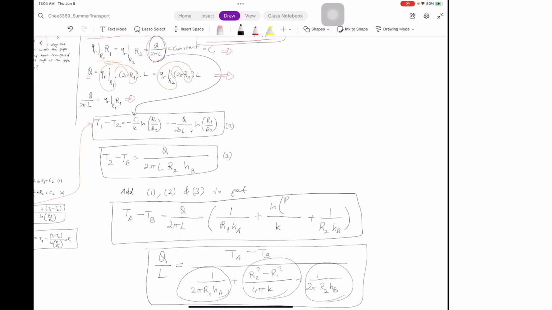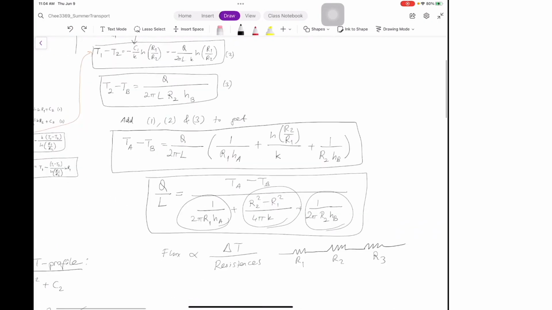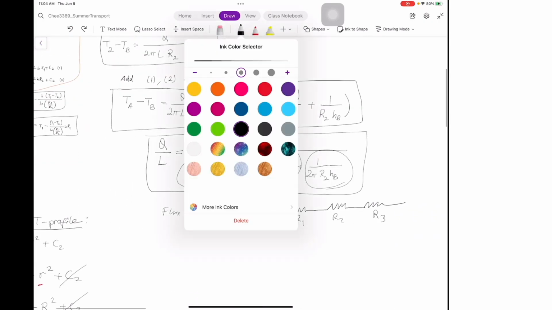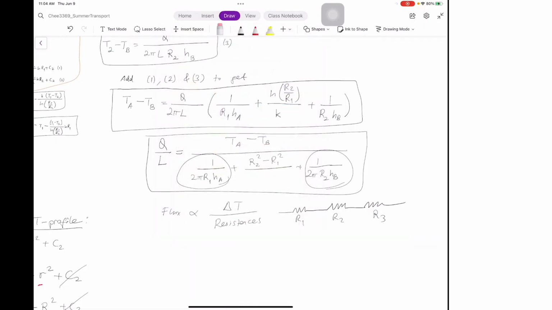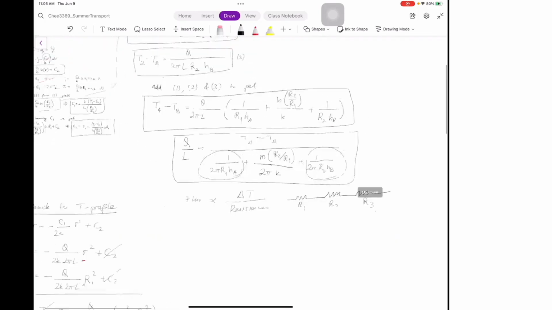Logarithm of R2 over R1, because minus logarithm of A over B is the plus logarithm of B over A. So you can actually play with the position of R1 and R2. So that's it. And let's correct this too. Logarithm R2 over R1 divided by 2 pi K. There you go. So we did it.